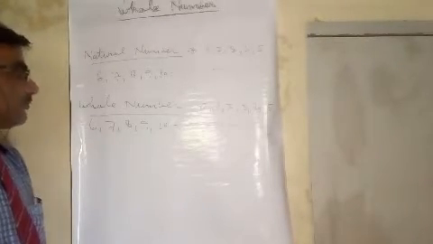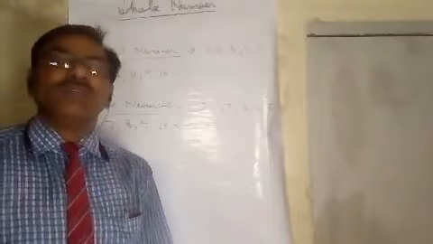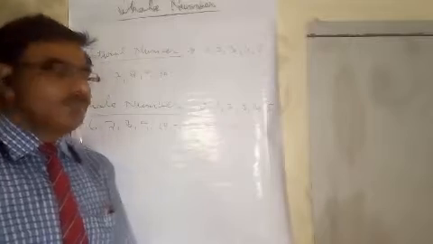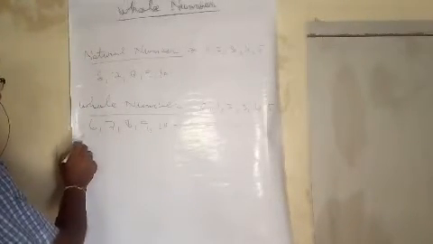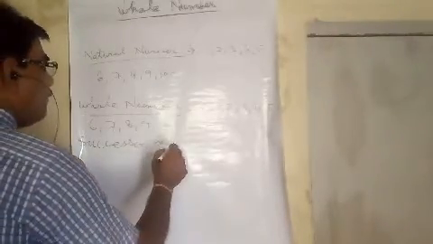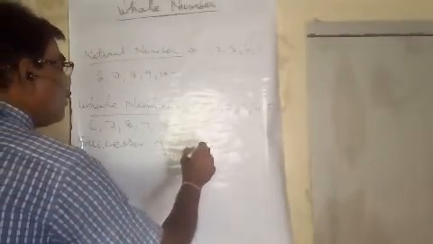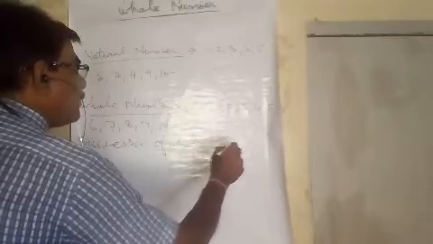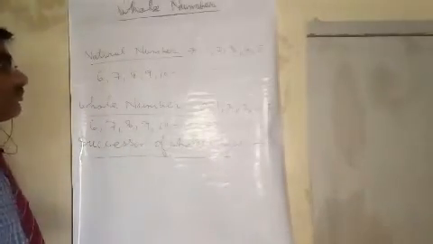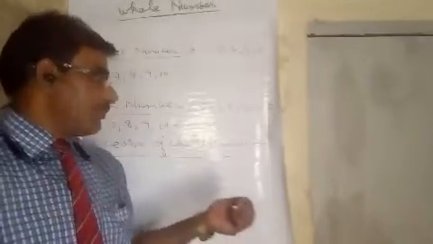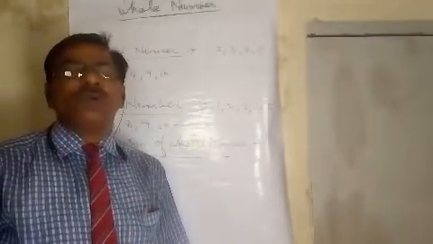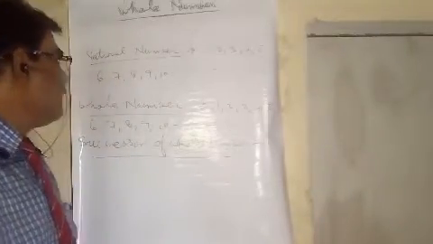Now, how to find the successor and predecessor of a whole number? Successor of a whole number. If you add 1 to any whole number, we find the successor of that whole number.